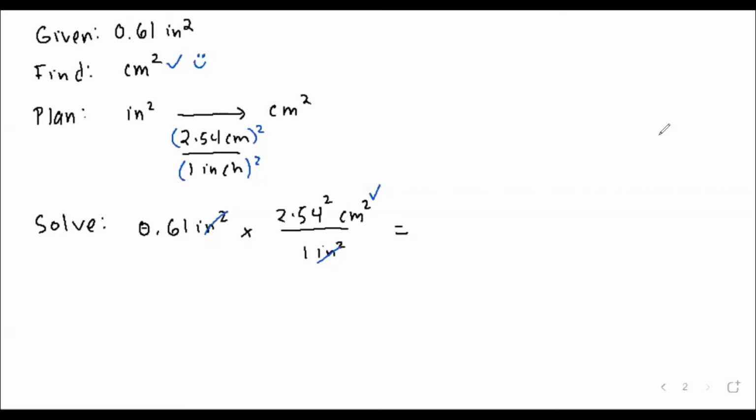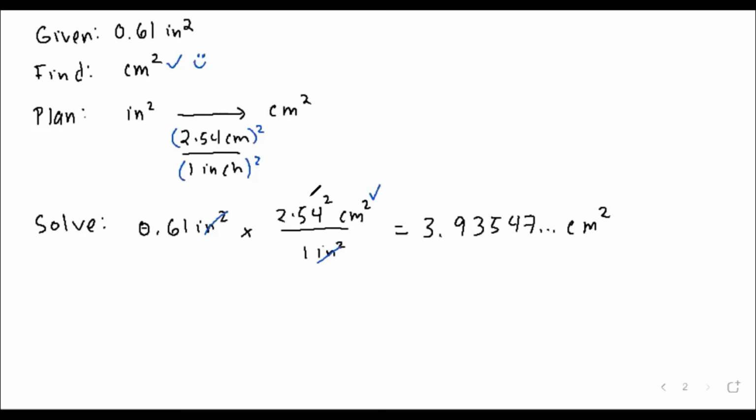So 0.61 times 2.54 squared with the 2.54 squared inside parentheses. And I get 3.93547 and so on. And that's now in units of centimeters squared, but we're not quite done, right?